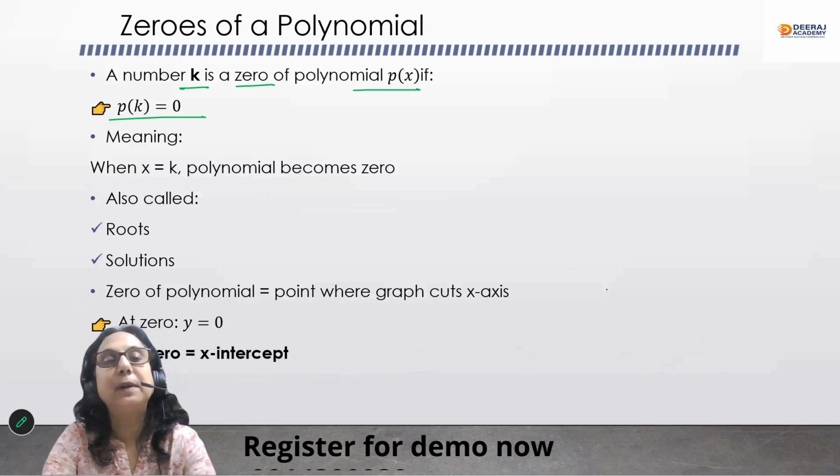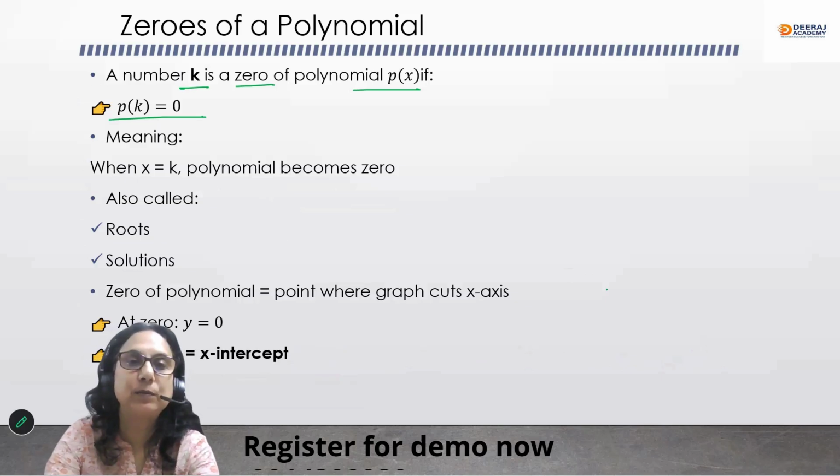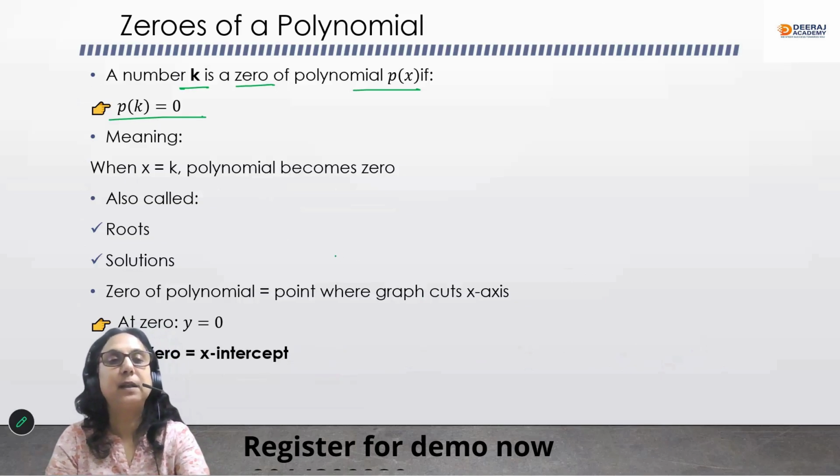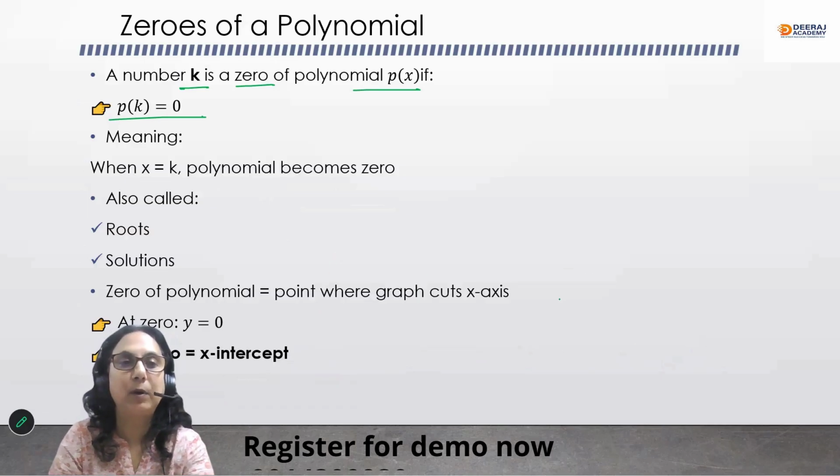So this helps us find the zero. When this becomes 0, it means that it is a zero of that polynomial.